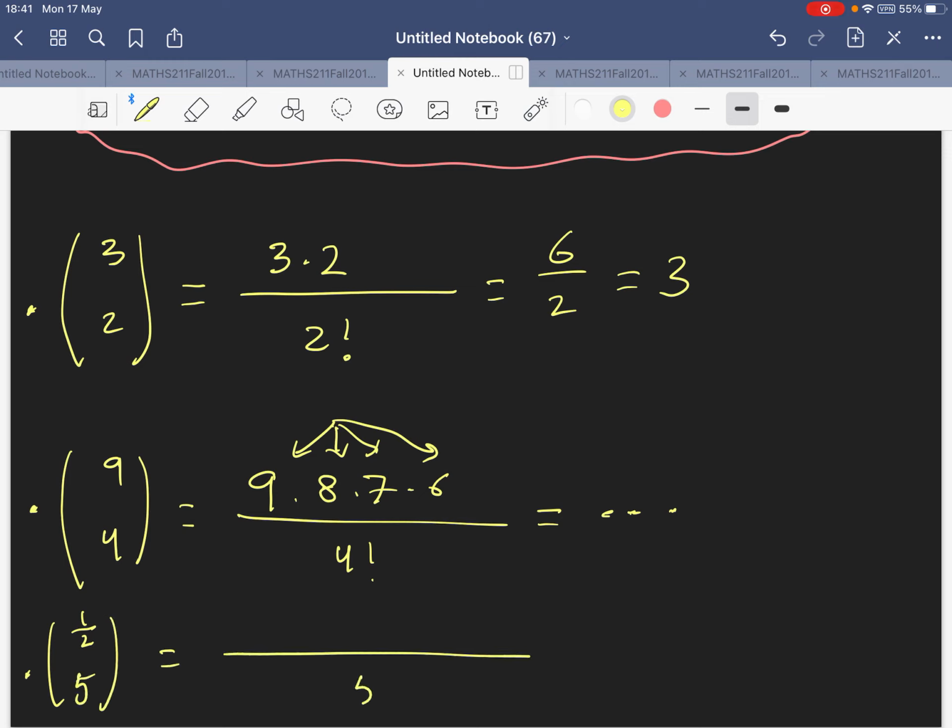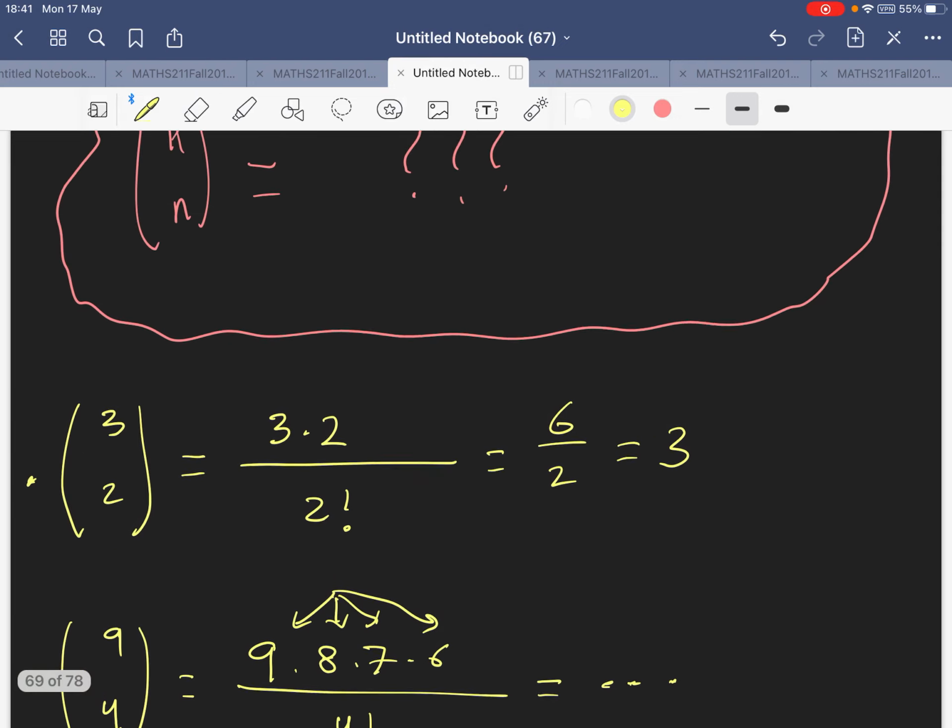Same thing, over 5 factorial, and on top you need to multiply 5 brackets, starting from half, and then take 1 out of half, so it would be negative half, negative 3 over 2, and taking away 1 each time, negative 5 over 2, negative 7 over 2. Whatever the number is, that's what you write down.